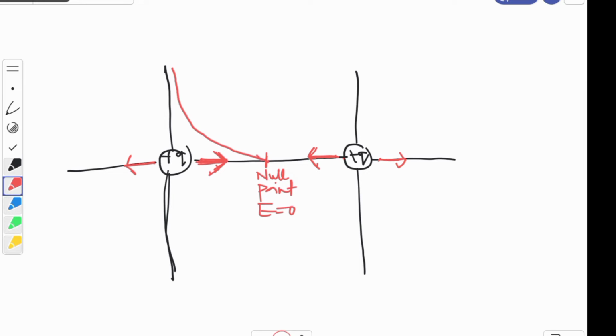Clear, children? Now for this point, to the left of the charge, your electric field is towards left. So towards left means simply we will plot in the negative y-axis. Just near to the charge your electric field is maximum, almost infinite, and as the distance increases your electric field decreases.